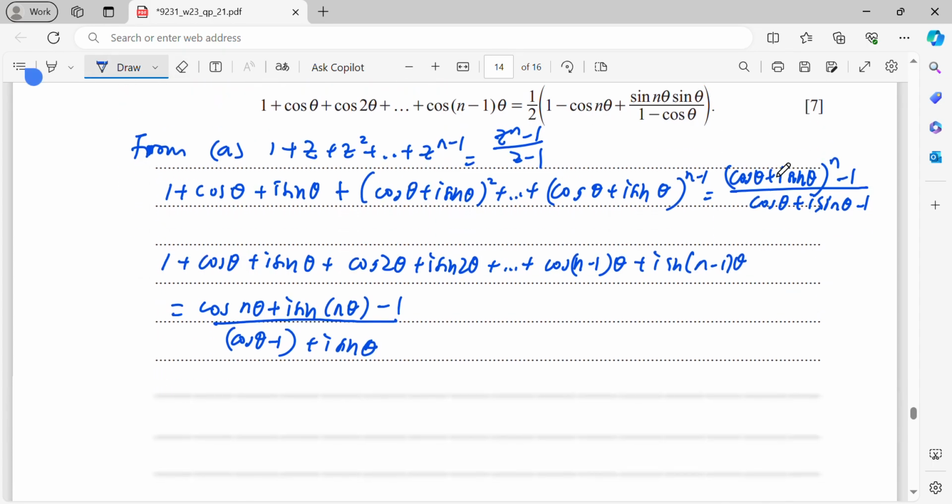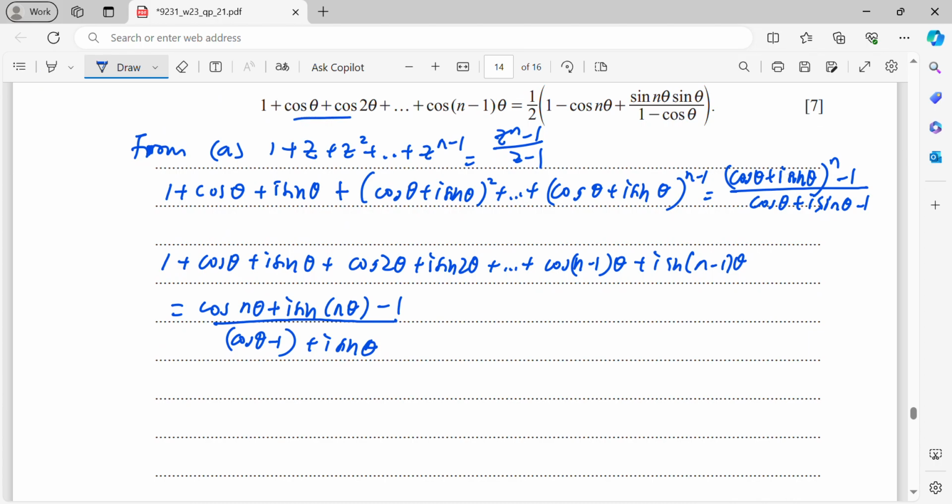Okay, so now when you look at the question over here, we are just interested to get the cos, right? And not the I. Therefore, this is the real part. So now I need to separate the real and imaginary parts first. So I group all the real part.